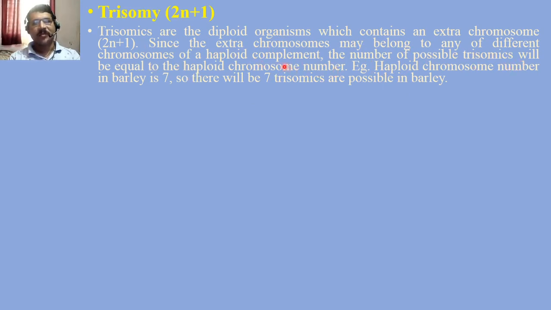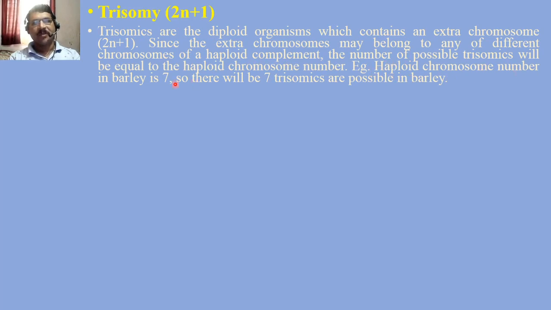So the number of trisomics depends upon the haploid chromosome number. As many haploid chromosomes as are present, that many trisomics will be produced.